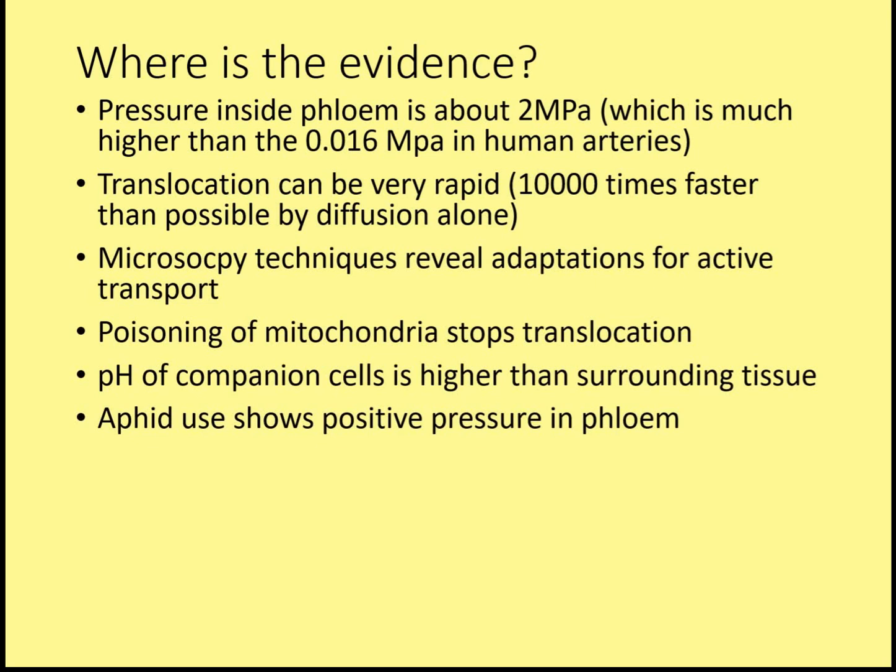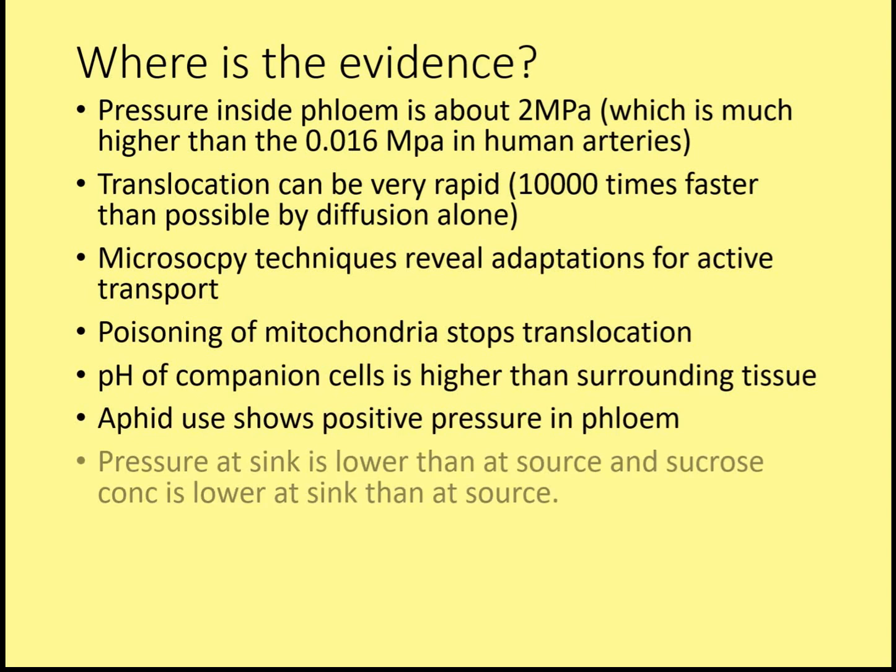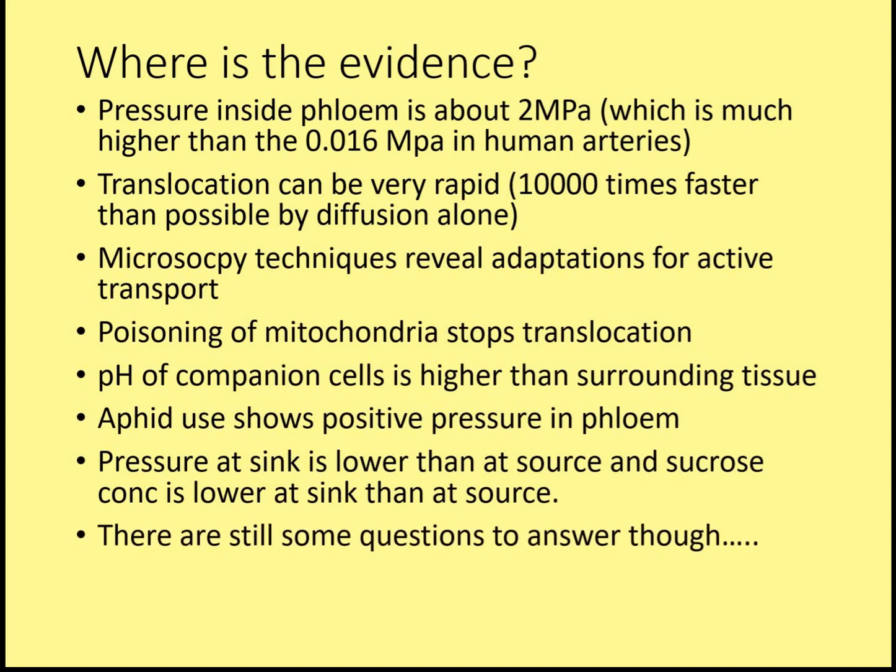You can analyse it and look where the sugars are, especially if you use radioactively labelled carbon in photosynthesis, and see when the radiation appears. It's quite brutal for the green flies, but they're nice little needles that allow you to extract the sap from the phloem. We know that the pressure in the sink is lower than at the source, and the sucrose concentration is lower at the sink than at the source as well.